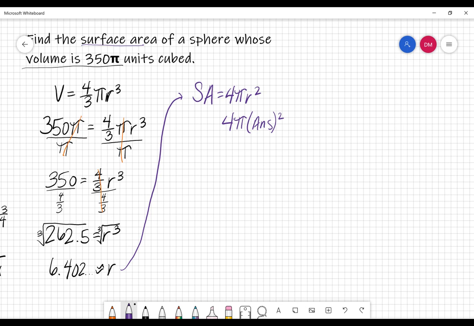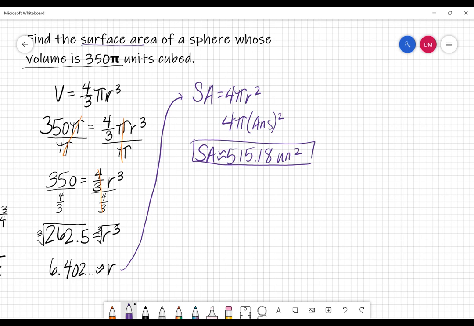And plugging exactly that in, I am getting that the surface area is approximately 515.18, and that would be units squared because it's an area.